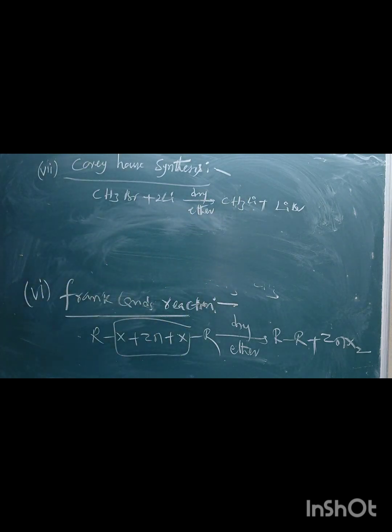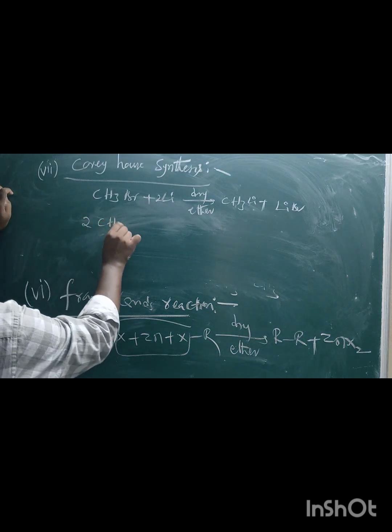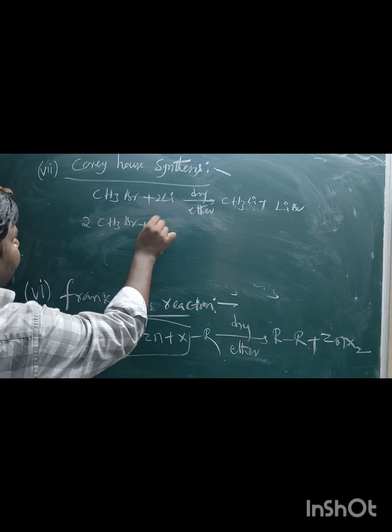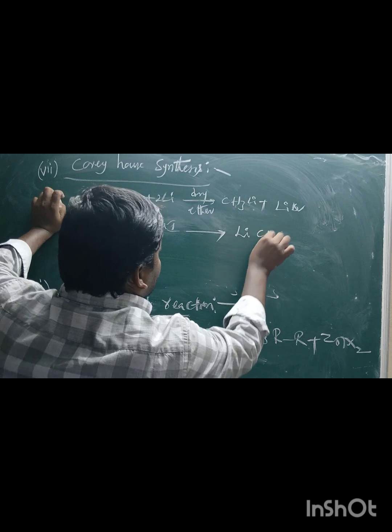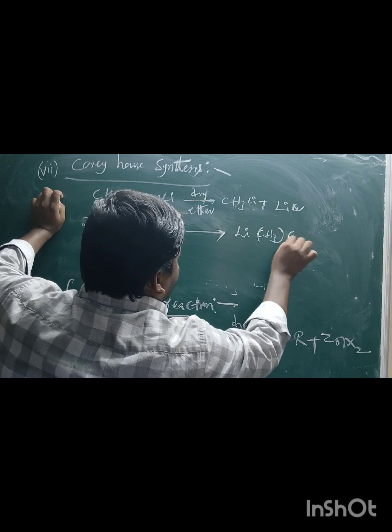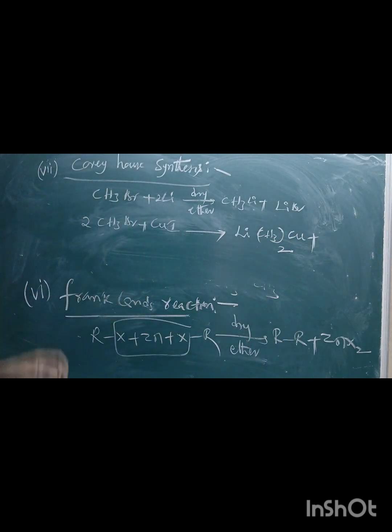This methyl lithium again combines with 2 moles of methyl bromide, reacting with copper iodide to form lithium dimethyl cuprate as well as lithium iodide.